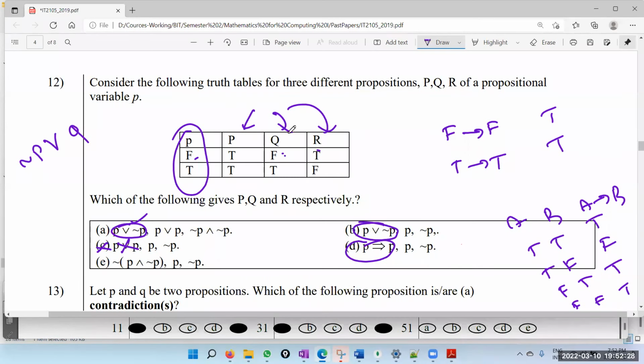Yeah, P and P. Sorry. So I can write it as not of not P or P. P or not P is a tautology. It must be true. Yes, it is true. So this is also possible.